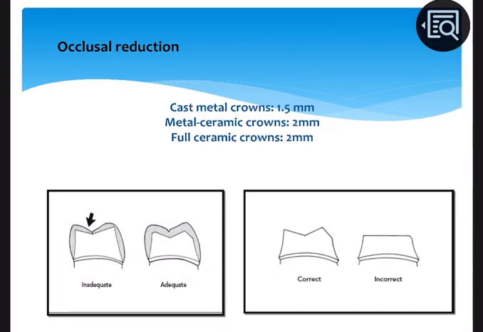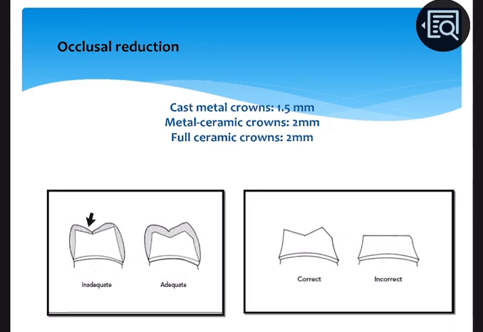Okay, if we are preparing the tooth surface for an all metal crown, we have to reduce the occlusal surface functional cusp 1.5 millimeter, non-functional cusp 1 millimeter. Or if we are preparing the tooth for the metal ceramic crown, then we have to reduce the functional cusp up to 2 millimeter and non-functional cusp 1.5 millimeter.